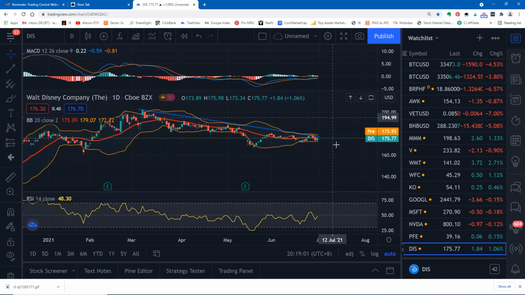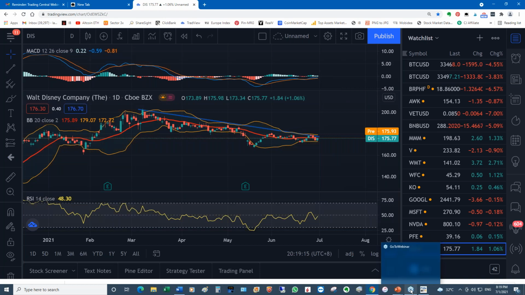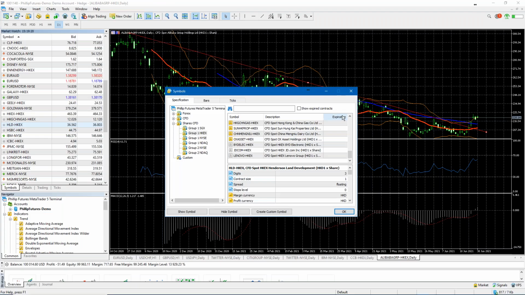At the moment, I don't think it is a very attractive stock compared to those sectors we studied just 20 minutes ago, the technology sector and the retail sector. Disney at the moment is not very attractive. That's what I can say. All right, hope this is helpful for you.